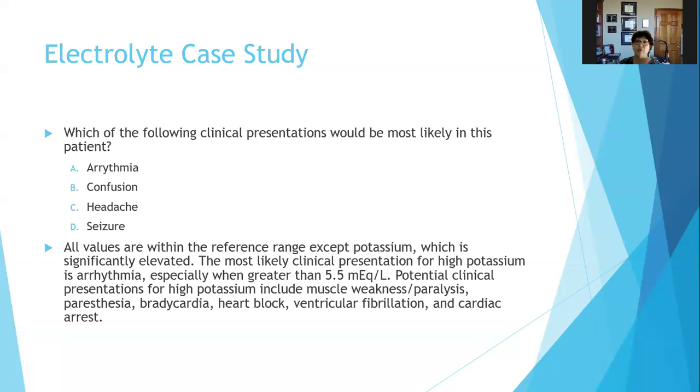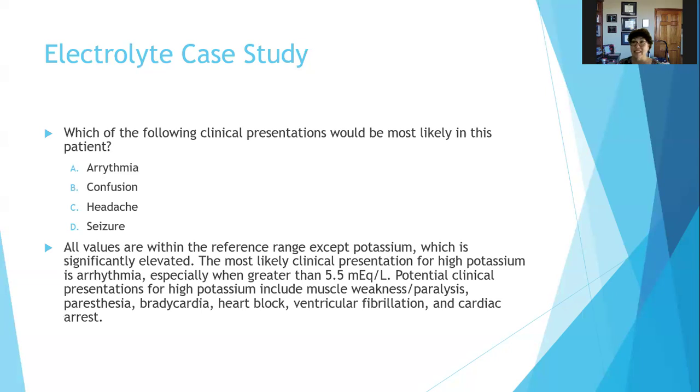All the values are in the reference range except the potassium, which is significantly elevated. The most likely clinical presentation for high potassium, hyperkalemia, is arrhythmia, especially when the potassium is greater than 5.5. Potential clinical presentations for high potassium include muscle weakness and or paralysis, another reason why they wouldn't be appropriate for therapy.